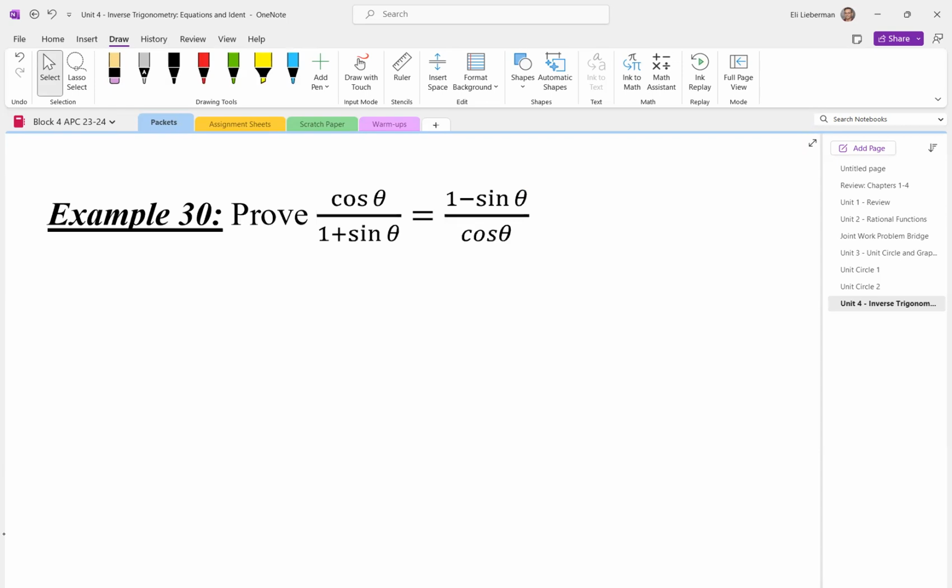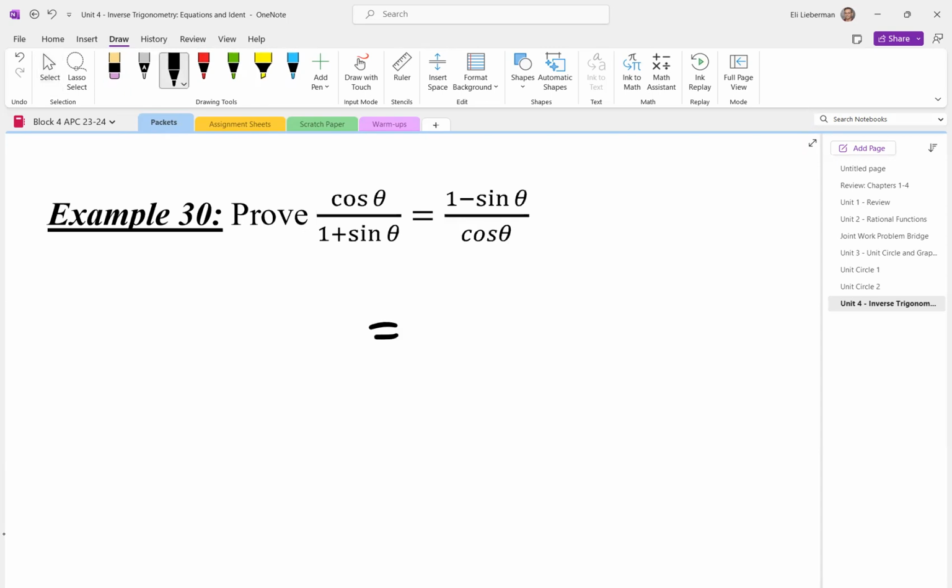Okay, so I told you that we simplify the more complicated side, and then I gave you a problem that is equally complicated on both sides. So this one is kind of unfair. What we're going to do is work on the right side and leave the left side alone, even though we could have worked on the left side because it's equally complicated.